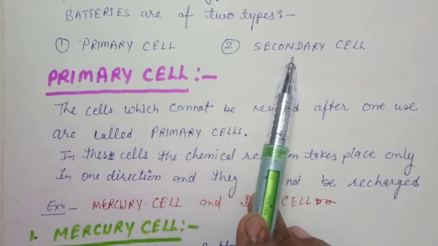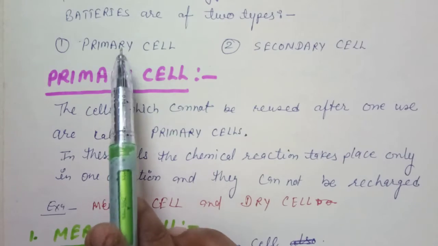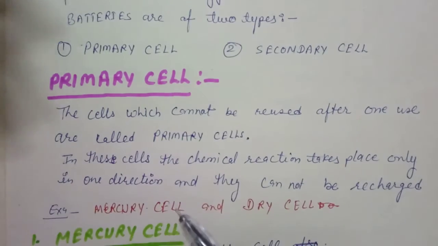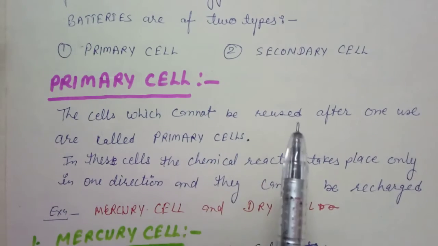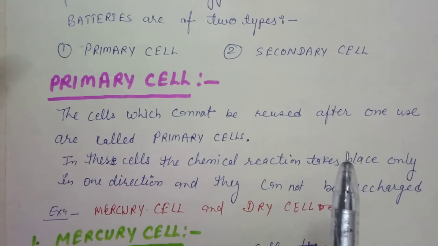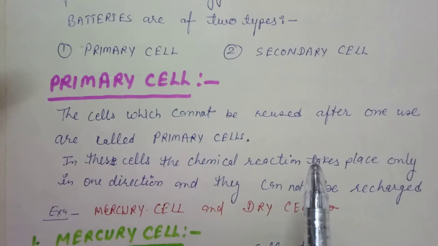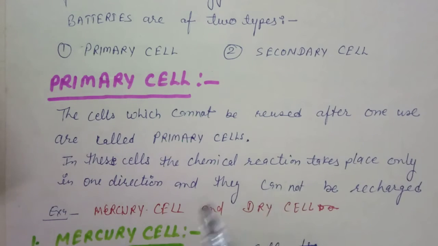Primary cell means the cells which cannot be reused, as we have seen in our remotes, wall watches or wristwatches. When the cell stops working, we cannot recharge them, we have to throw them. These are just use and throw.